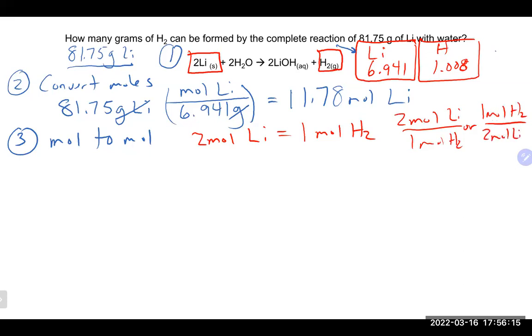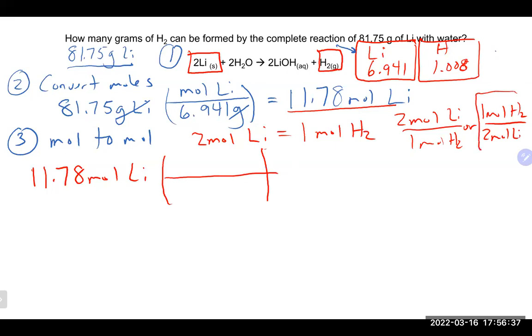Now that I have my mole to mole relationship, I'm good to get rid of lithium because this is not what I'm looking to find. So we will take our number from above, 11.78 moles of lithium. Should I use the conversion factor on the left or on the right? I should use the one on the right since we want to get rid of lithium. Again, opposites are going to help us with that.